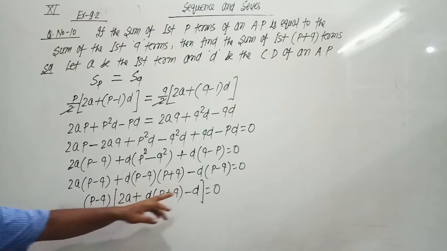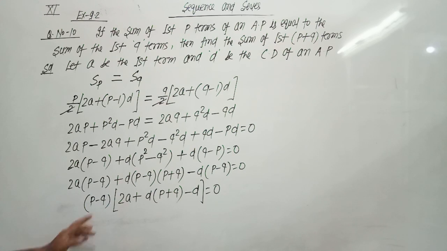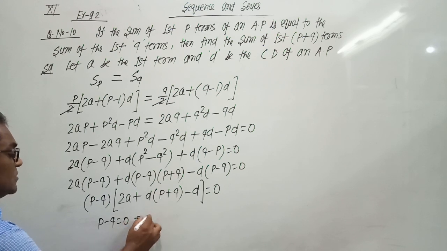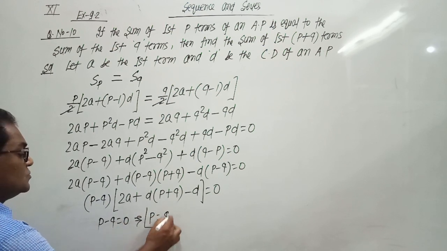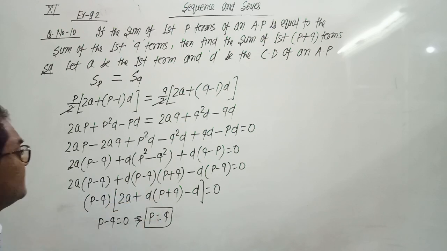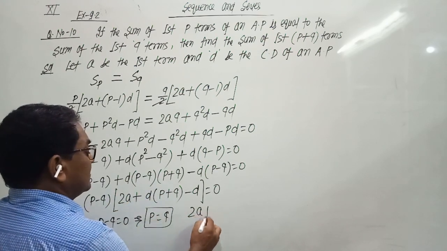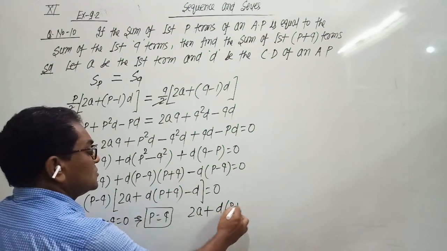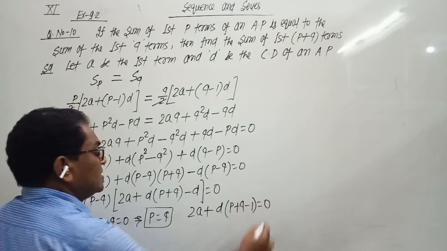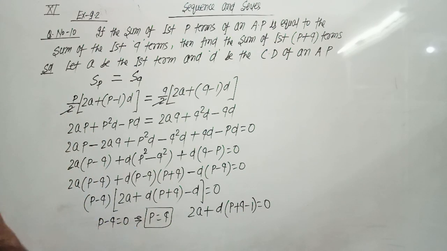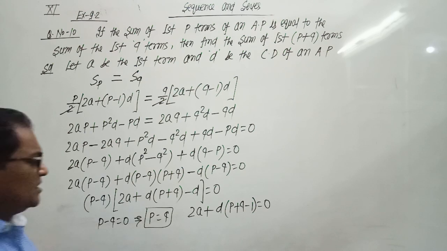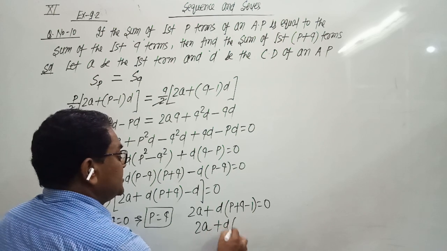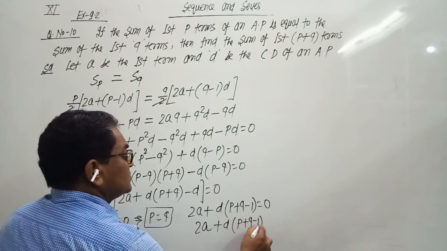So either p − q equals 0, that is p equals q, or from here, taking d common from the last two terms, we get 2a + d(p + q − 1) equals 0.